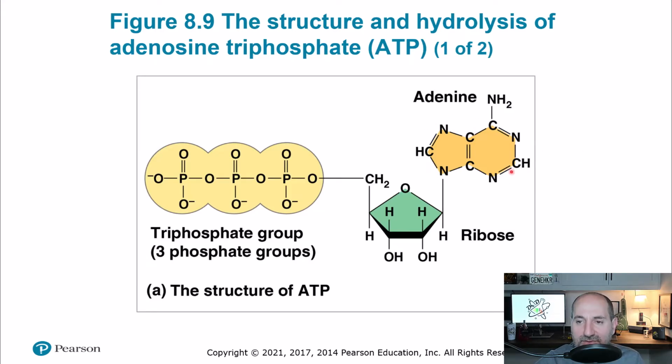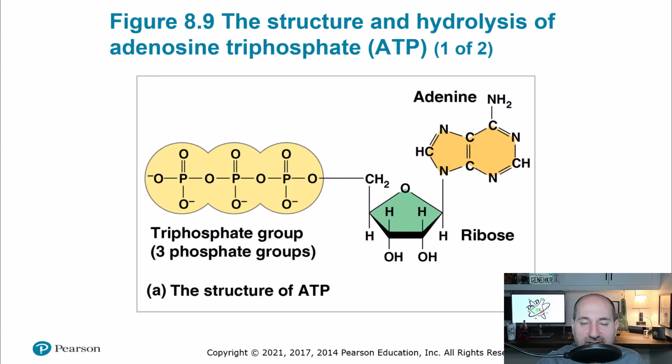Remember this mustard colored structure? This is a nitrogenous base, and this happens to be the purine with 2 rings, adenine. Next, down here, you have the pentose sugar. Remember the pentose sugar, the 5-carbon sugar, ribose, right? And yes, ribose is the sugar for RNA, not for DNA. And then you have your 1, 2, 3 phosphate groups, so triphosphate. So it really is a nucleotide, but with 3 phosphate groups.